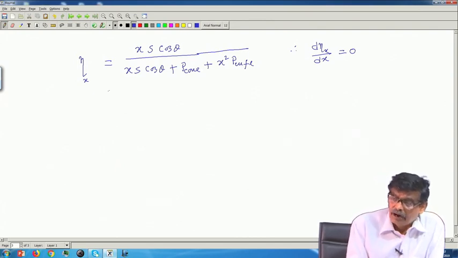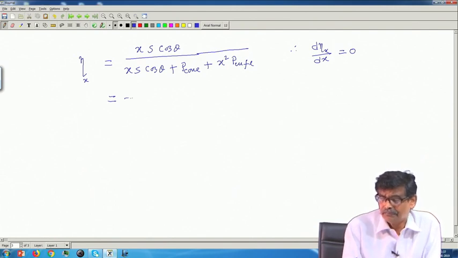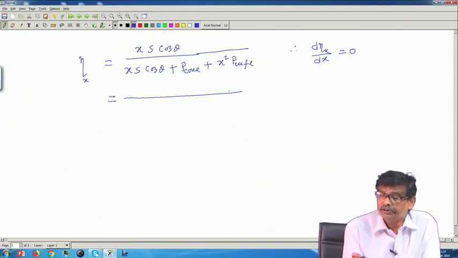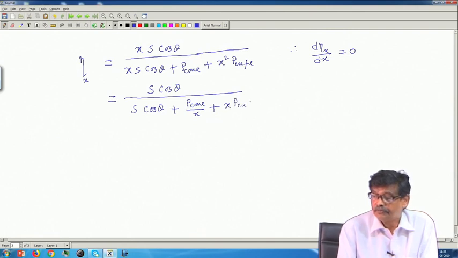But that I will do in a slightly different way, so as to reduce my mathematical effort to get this value. What I will do is, I will divide both numerator and denominator by x. So, it will be this plus x P Cu full load.